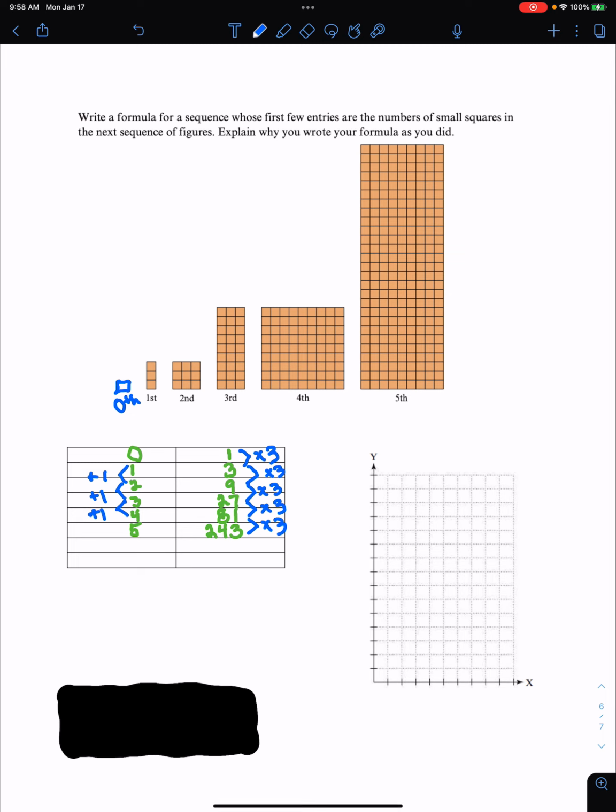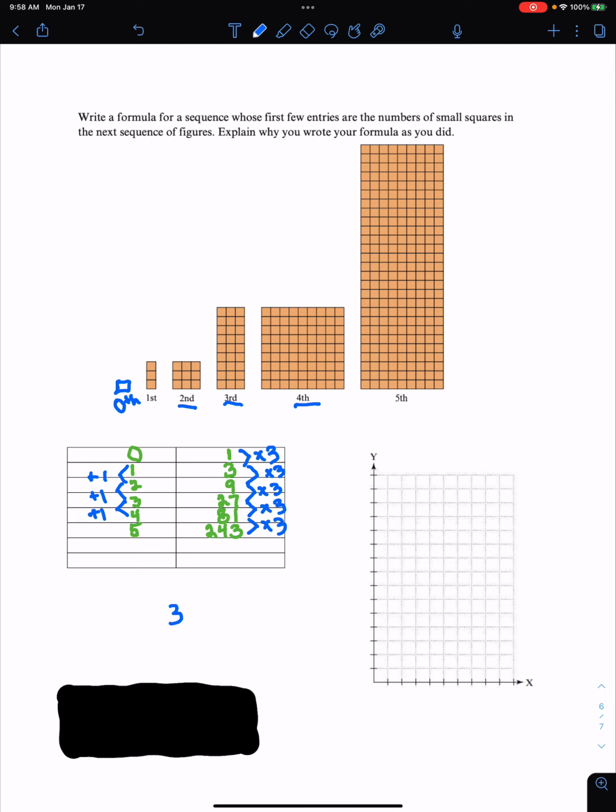So now we want to write a formula for this sequence. Basically, every time we are multiplying by 3, and we are multiplying that number 3 times itself, the number of times of our entry.